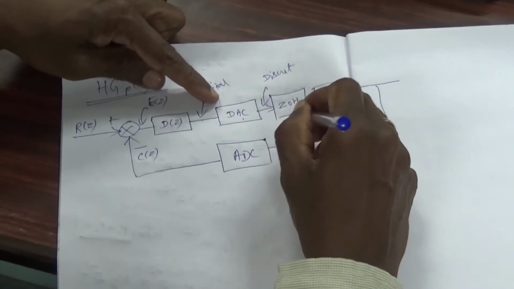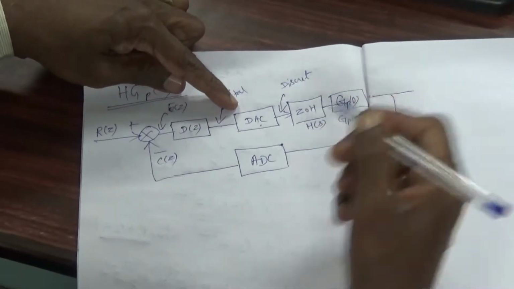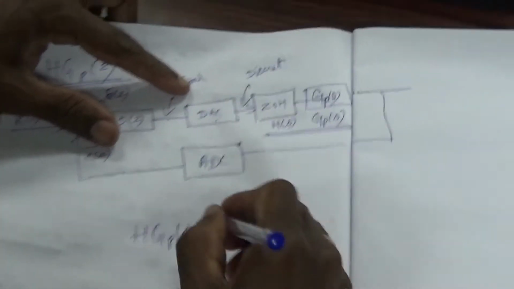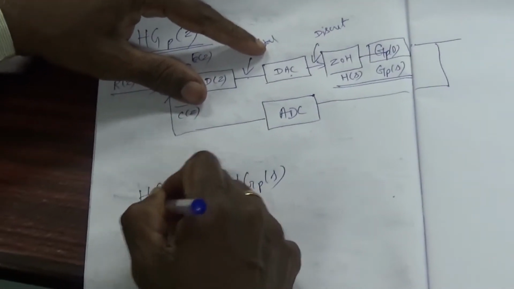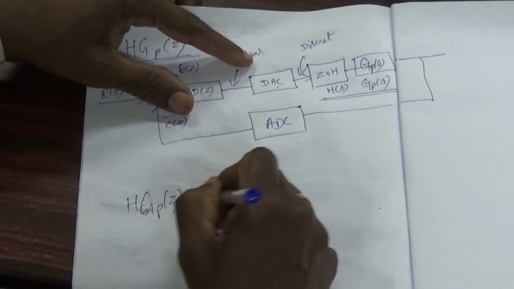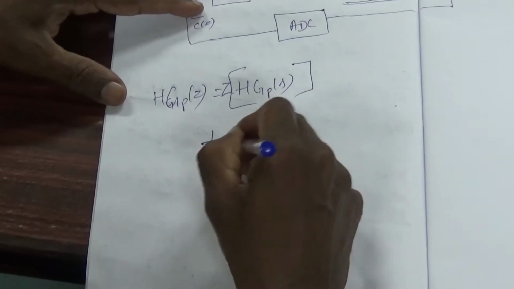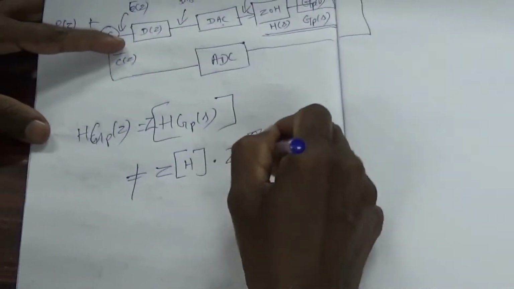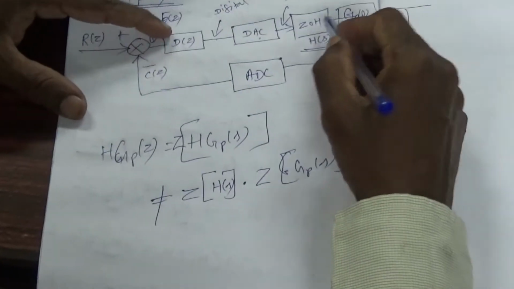The transfer function of the zero order hold is H of S. The transfer function of the process is GP of S. If you combine these two, then it is called HGP of S. We know that HGP of Z equals the Z transform of HGP of S, but it is not equal to the Z transform of H multiplied by the Z transform of GP of S, H of S multiplied by G of S, because there is no sampler between these two.